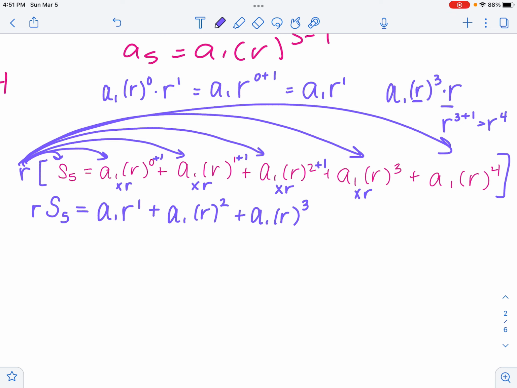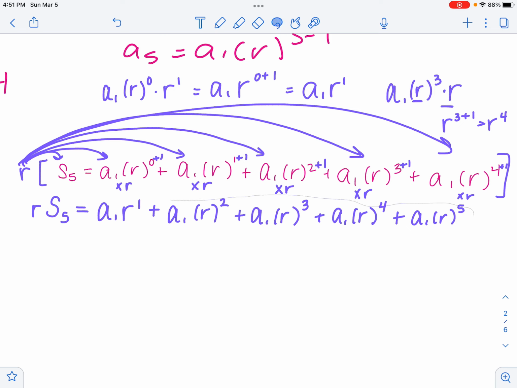So this next term is going to be a1 times r to the 4th, because I'm essentially adding 1. And then we get to our last term. Again, I'm adding 1 because I multiply by r, a1 times r to the 5th. Okay, so we've multiplied everything by r.